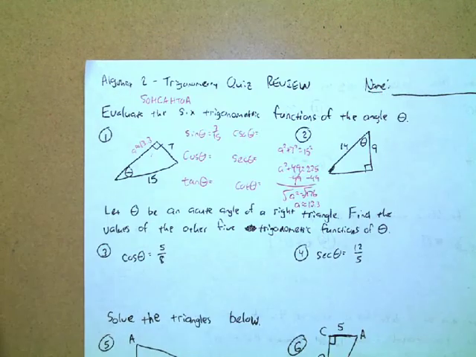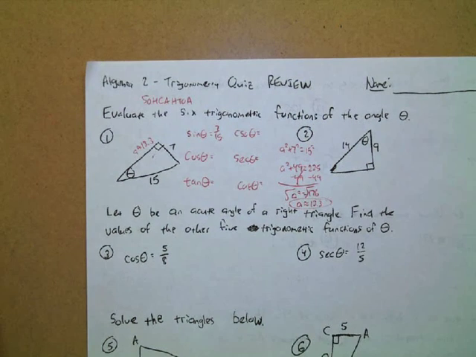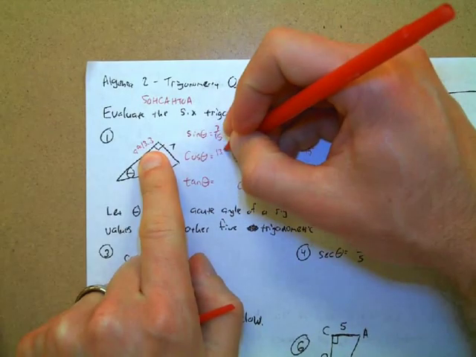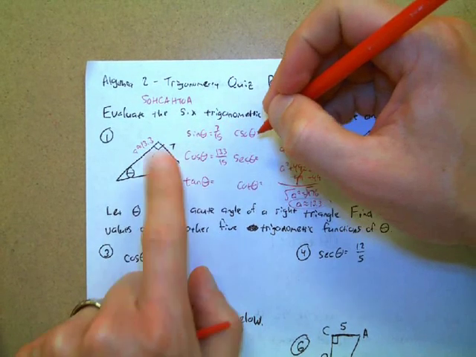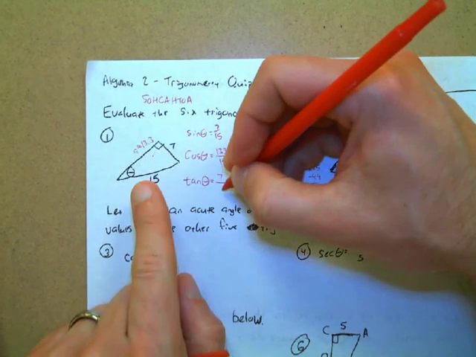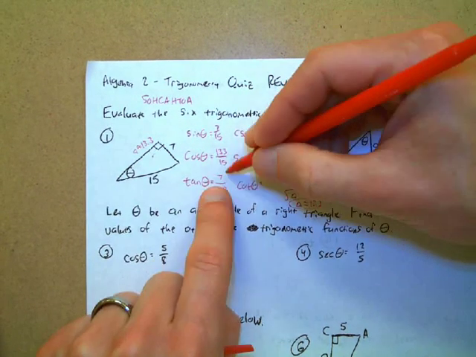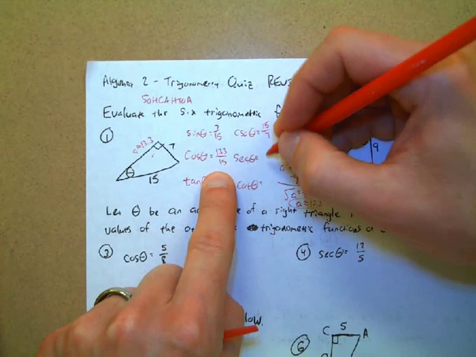And at this point, AJ, it's just a matter of using SOHCAHTOA. So cosine is going to be adjacent 13.3 over the hypotenuse 15. Tangent will be opposite 7 over adjacent 13.3. And then all of these will just be the reciprocals. So 7/15 becomes 15 over 7. 13.3 over 15 becomes 15 over 13.3.